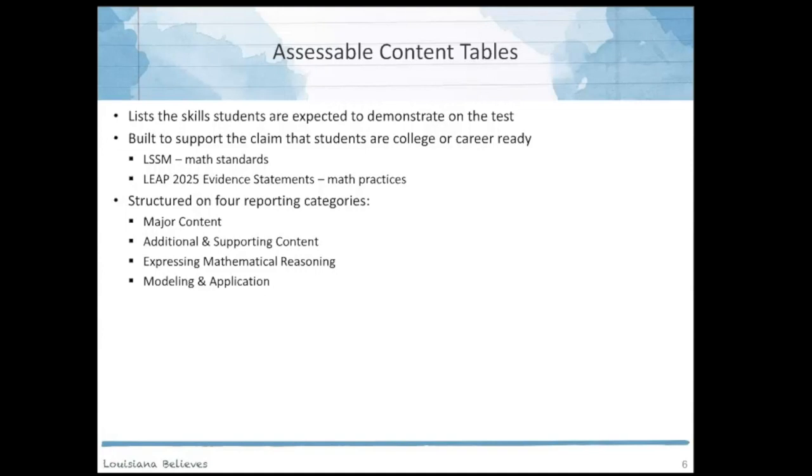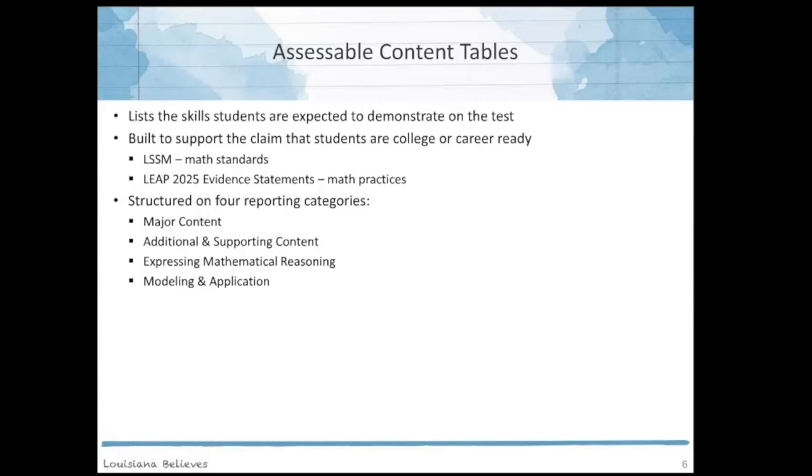And this is the link to the math practices. All of these evidence statements tie to the standards themselves, so they're not a separate entity. We'll talk about those a little bit more in depth.